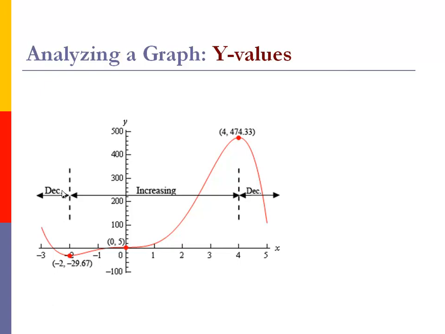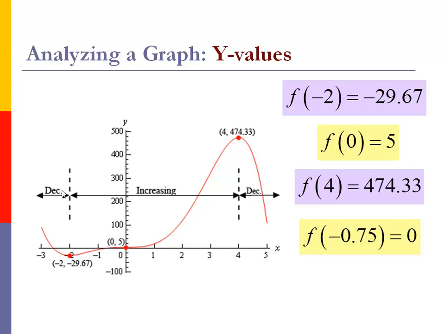One of the things that we're looking at when we're analyzing graphs and the functions is the original function, the y values. In terms of function notation, the use of the f and the parentheses, I'm taking some of the key points from the graph here. Some of the key points are where we're crossing the x-axis and the y-axis. So we've got this y-intercept here at (0, 5), and that's represented as f(0) = 5.